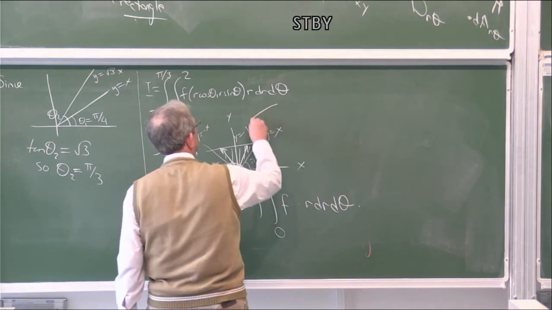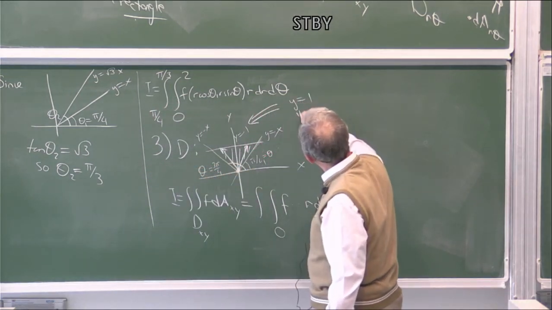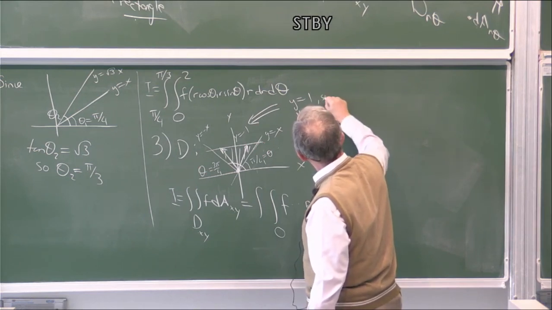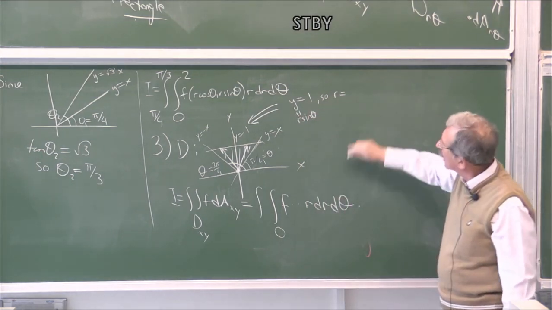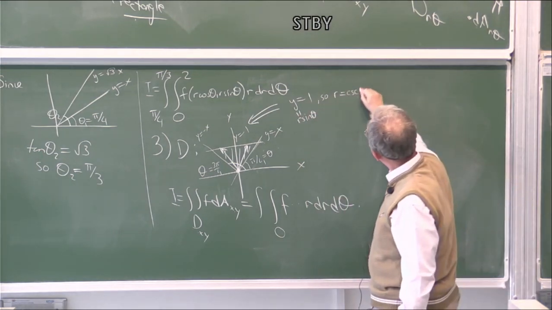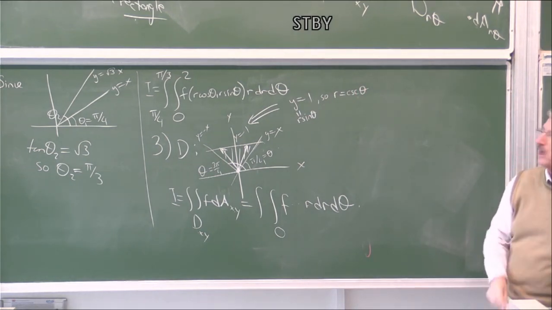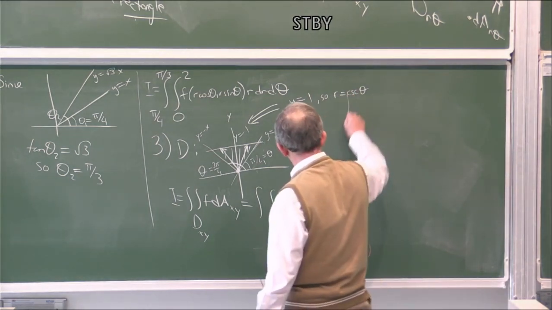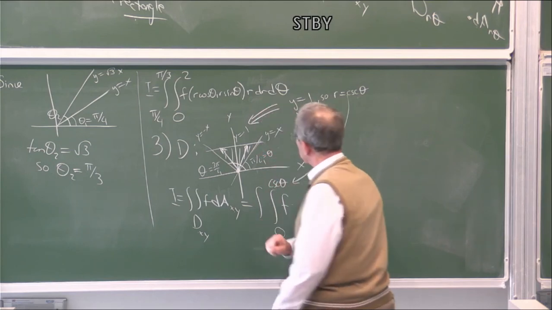Remember, y is r sin θ. So r is 1 over sin θ, or cosecant θ.